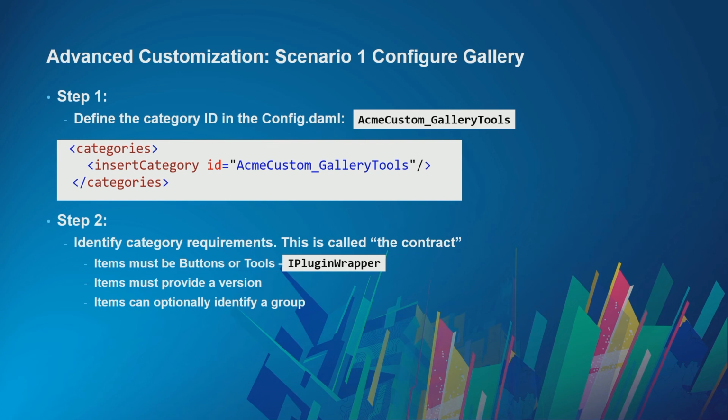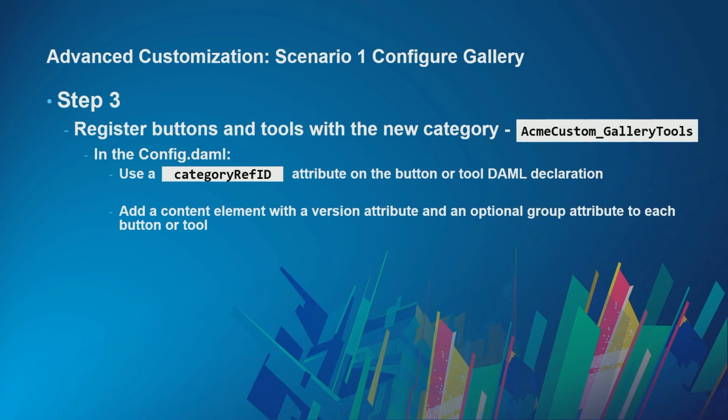For this particular scenario, you can see my contract requirements are listed here. First, my category components must be a button or a tool. They need to implement plugin wrapper. Next, each of these buttons or tools needs to provide version information, and optionally, they can belong to a group. Now let's move to step 3. I have to register my buttons and tools with my new category, and I do that in my config.daml.